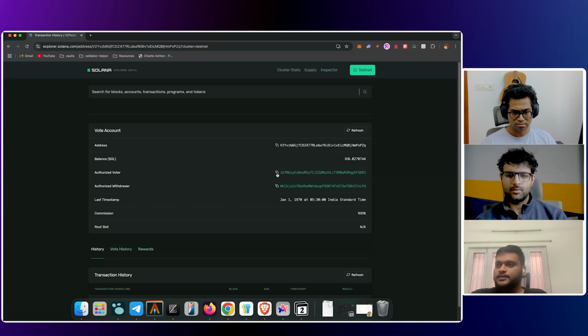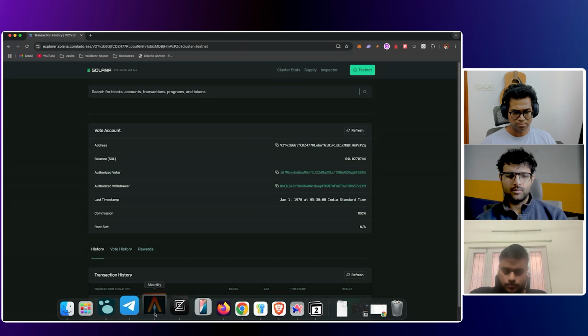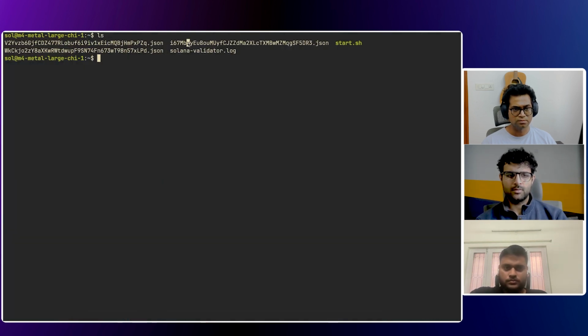The second is the pair that pays the fees and does the vote. It shows that this is the pair, and this is another key pair. Usually you should not keep them like this. This is just for the demo. Usually you have something like HashiCorp Vault or any kind of vault service that allows you to do this. And another withdrawal pair is here.